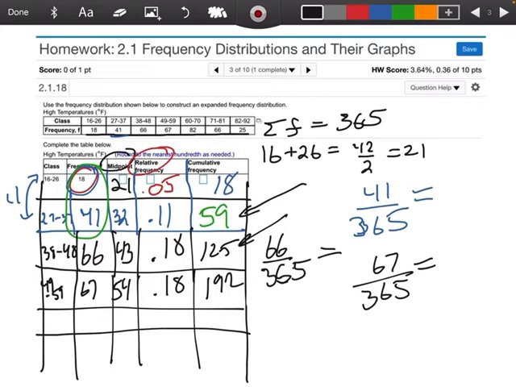Alrighty. The next one we have is 60 to 70, and my frequency here is 82. Add 11, and that's going to give me 65 for my midpoint. My relative frequency is going to be 82 over 365.